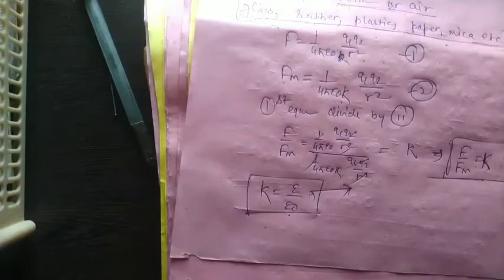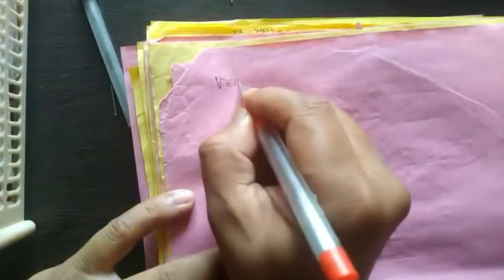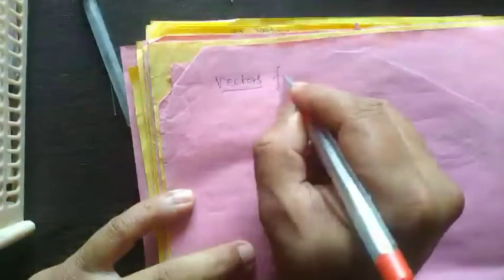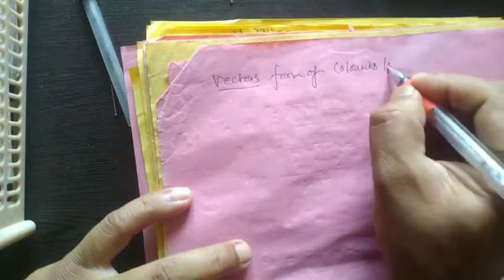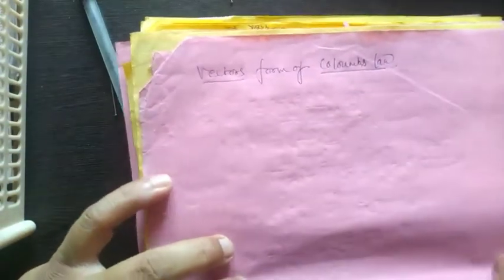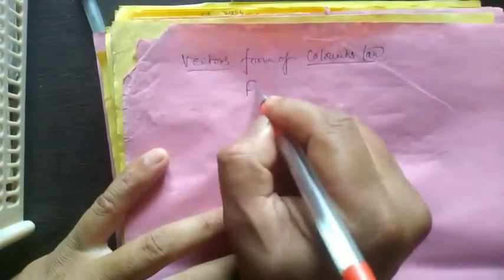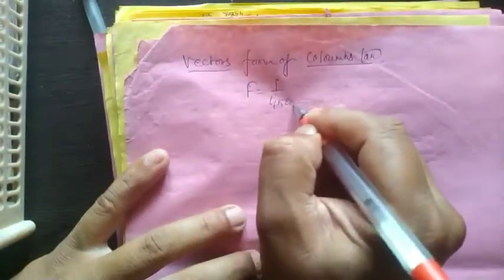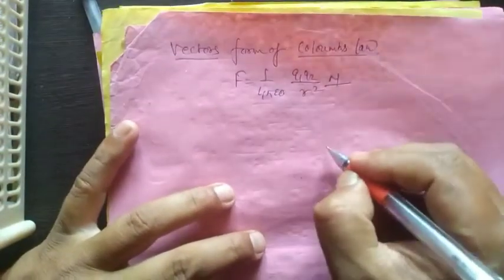Now the next point is the vector form of Coulomb's law. As we know Coulomb's law, suppose we have two charges.